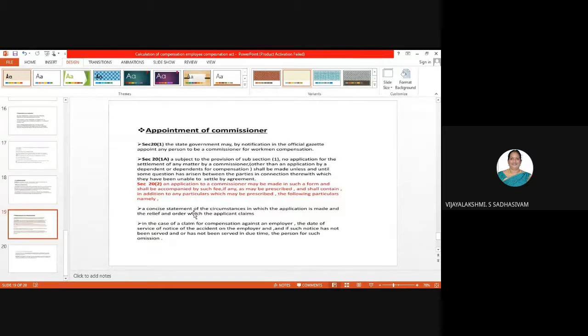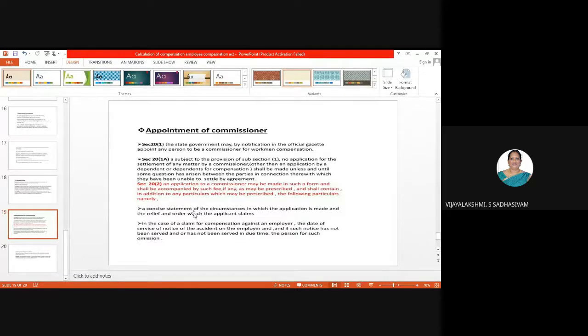Then section 20(1A) deals with the rule that no application for the settlement of any matter by the commissioner, other than an application by the dependents for compensation, shall be made unless some question has arisen between the parties, and those connected with it have been unable to settle it by agreement.